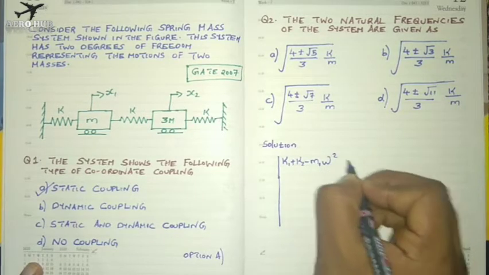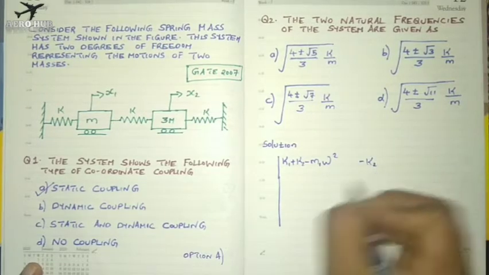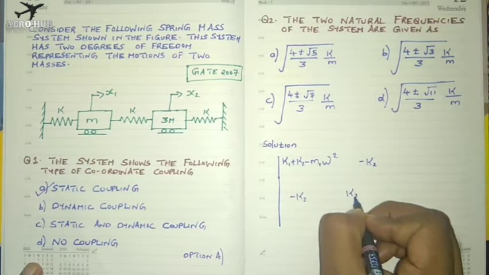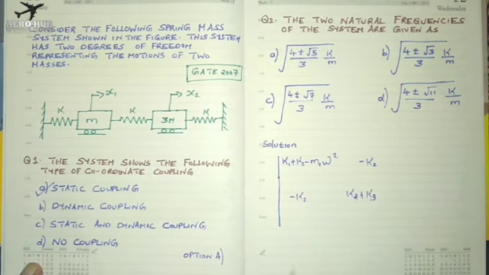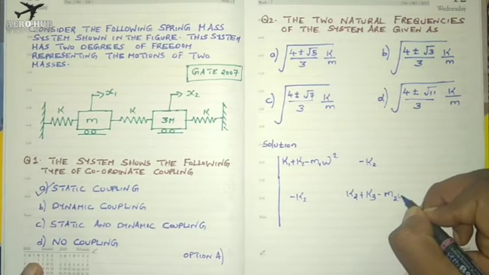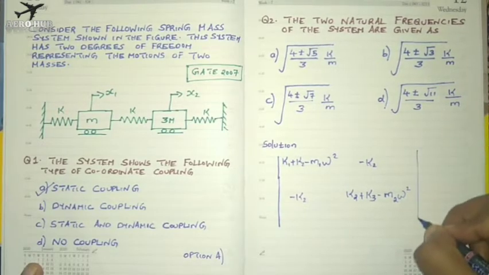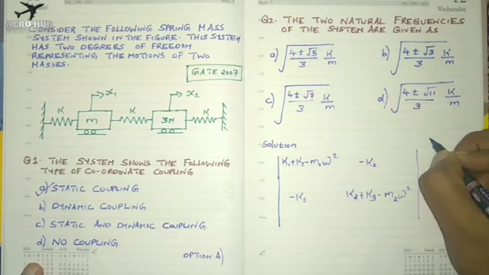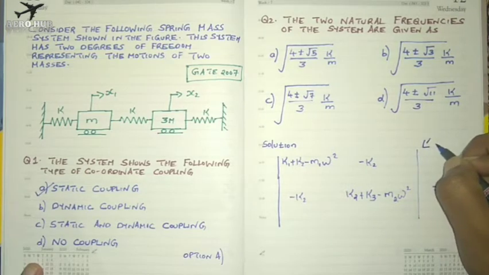This is a general equation for a 2 degrees of freedom system.